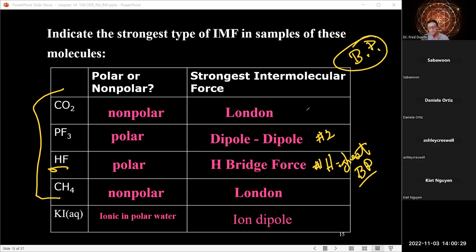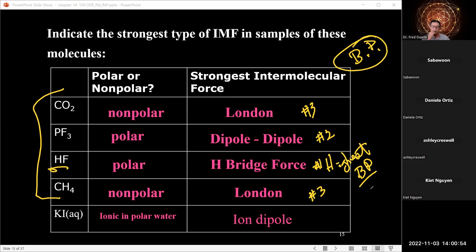And the others will come out basically about the same. Number three, as far as boiling point, they would have the lowest boiling point. In fact, carbon dioxide and methane are gases at room temperature. Their boiling points are extremely, extremely low.